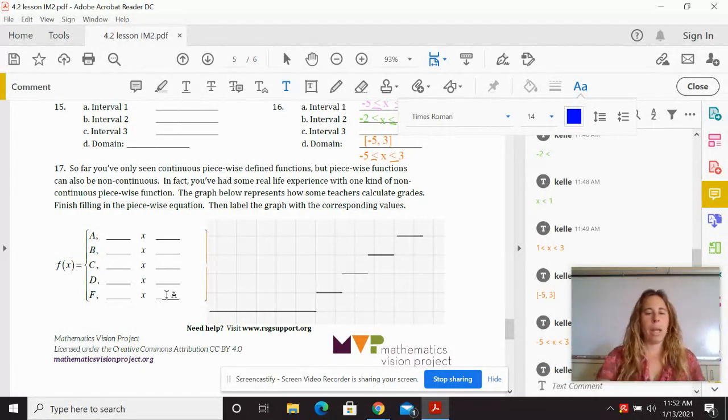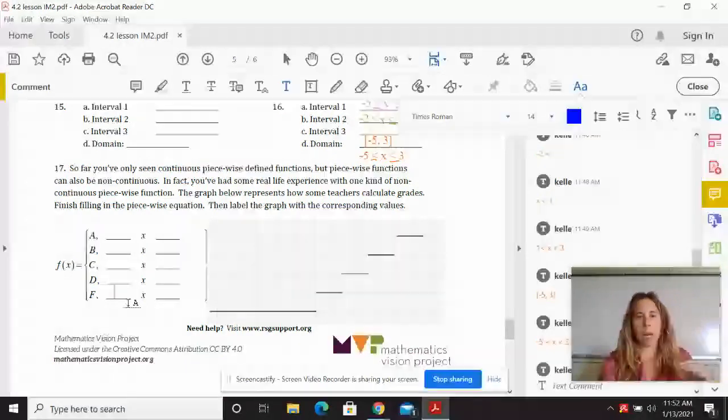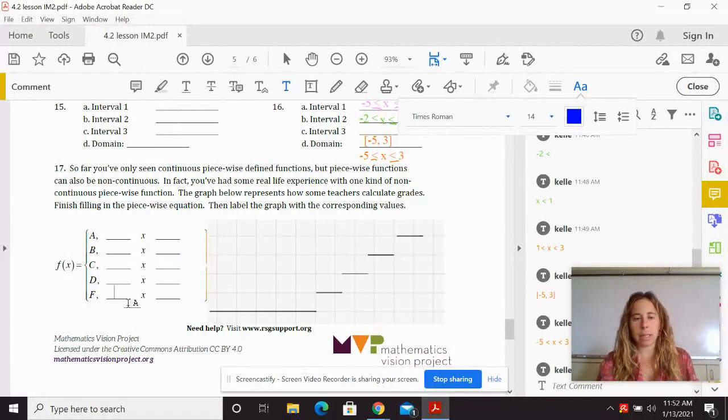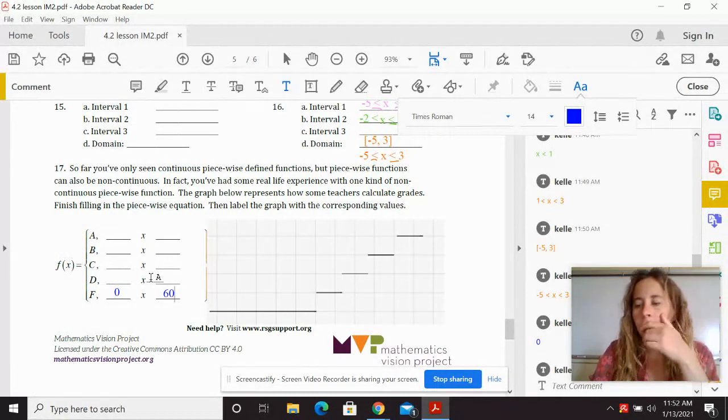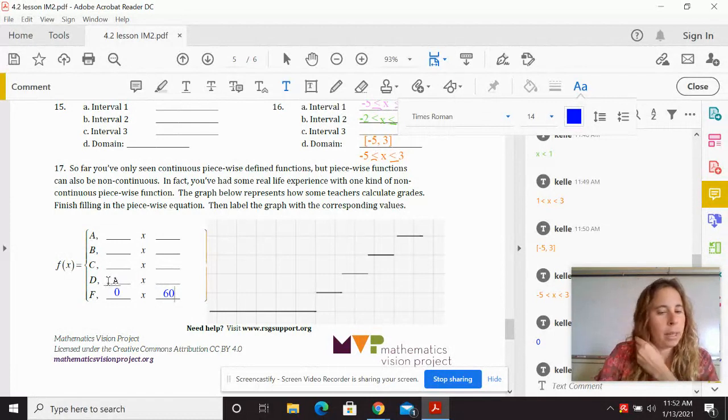So if you have an F, usually your grade percentage in that class is a 0 to, we'll do 0 to 60. And then you would fill in these corresponding values. So D is a 60.